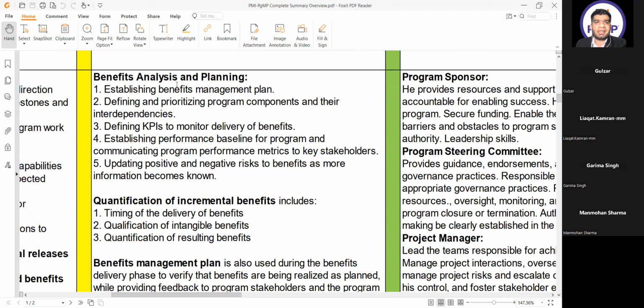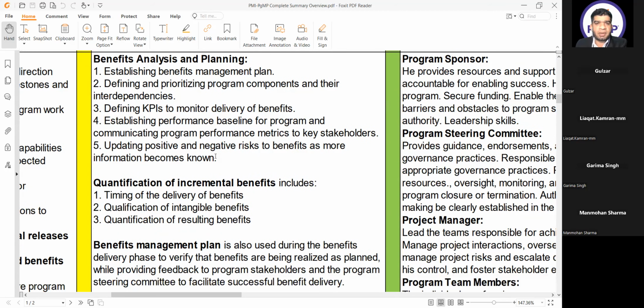Then we have benefit analysis and planning. What it does: establishing the benefits management plan, defining and prioritizing program components and their interdependencies, defining KPIs to monitor the delivery of benefits, establishing performance baseline for program and communicating program performance metrics to the key stakeholders, updating positive and negative risks to benefit as more information becomes known.